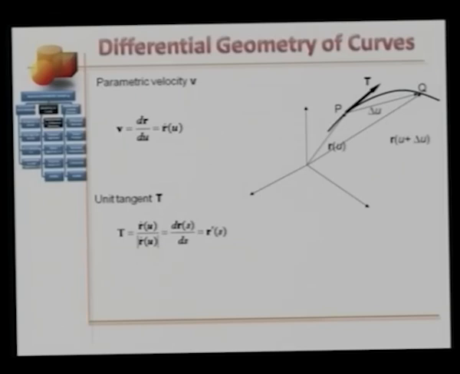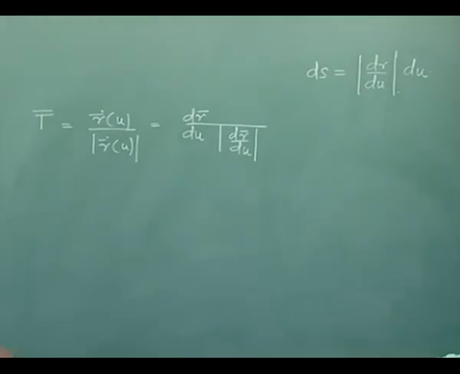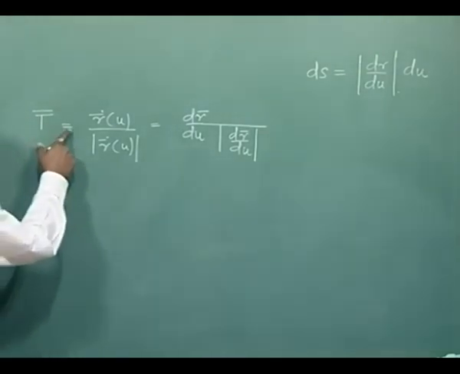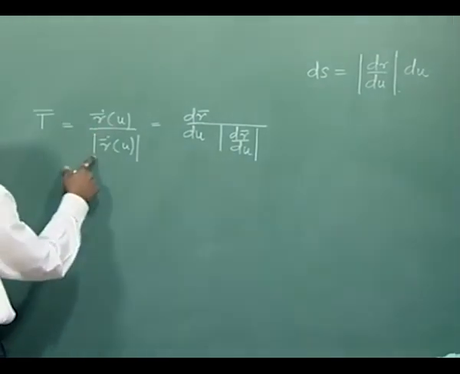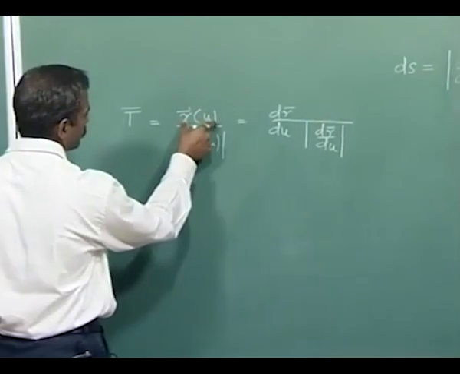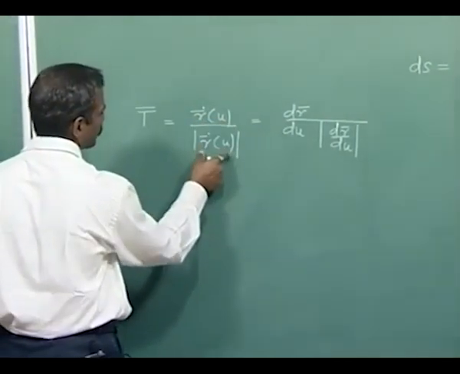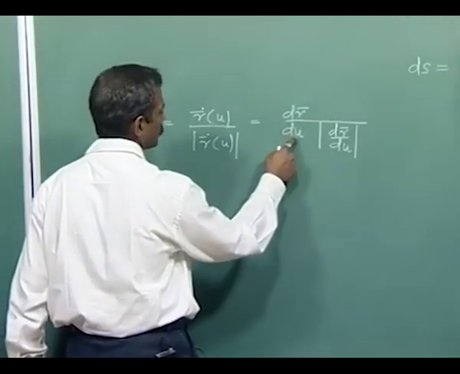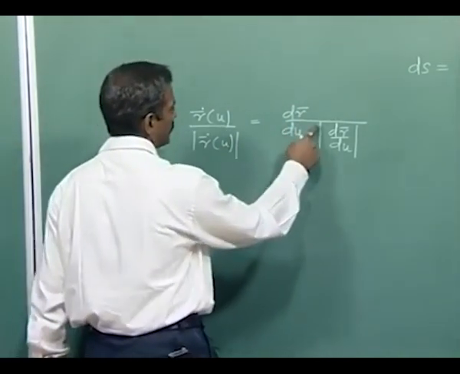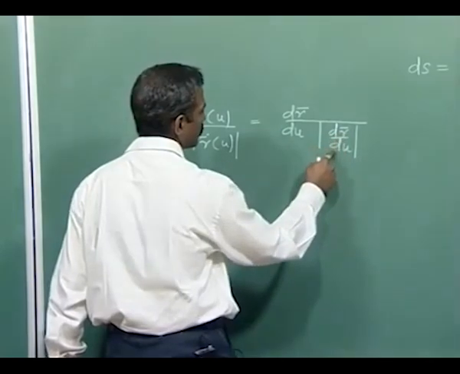Question: how do we get from here to here? Let me explain this to you on board. Okay, so we have seen that the unit tangent T equals vector r dot of u over the absolute value of the same vector, which is equal to dr over du over the absolute value of dr over du.